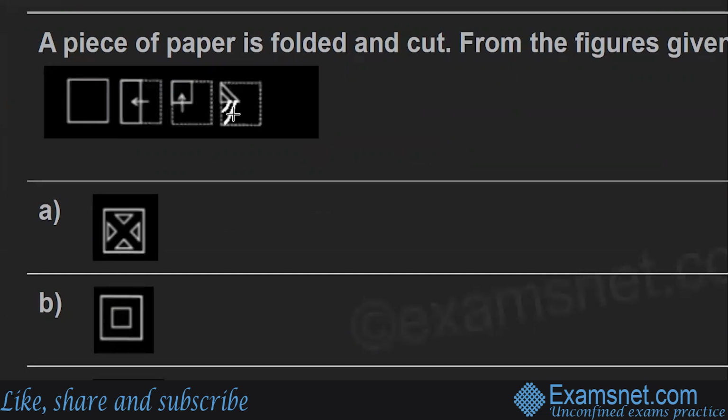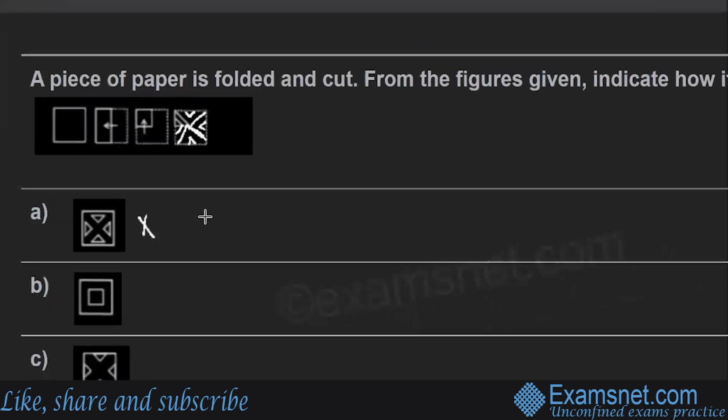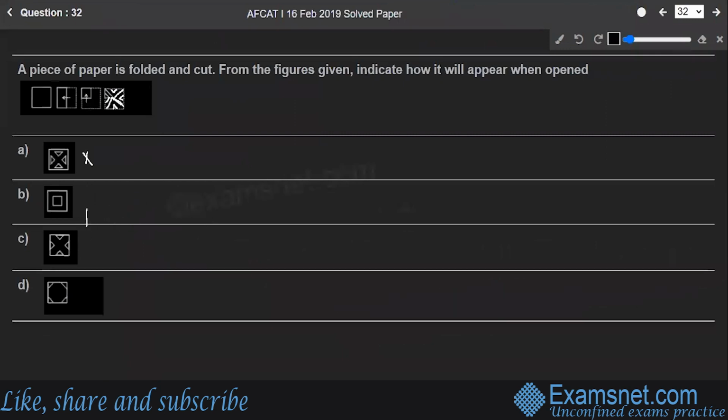It will look something like this, right? And the same way you will have it over here, here, and like this, right? If you open it, it will look something like this. That means you don't have option A as the answer, not option B, and not this. We have option C as the correct answer.